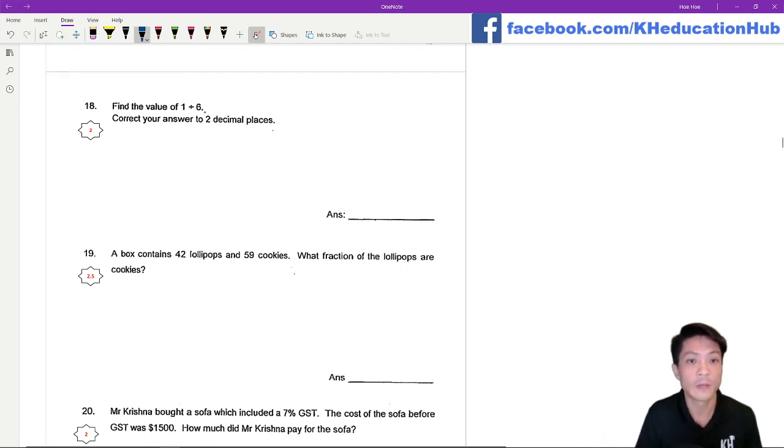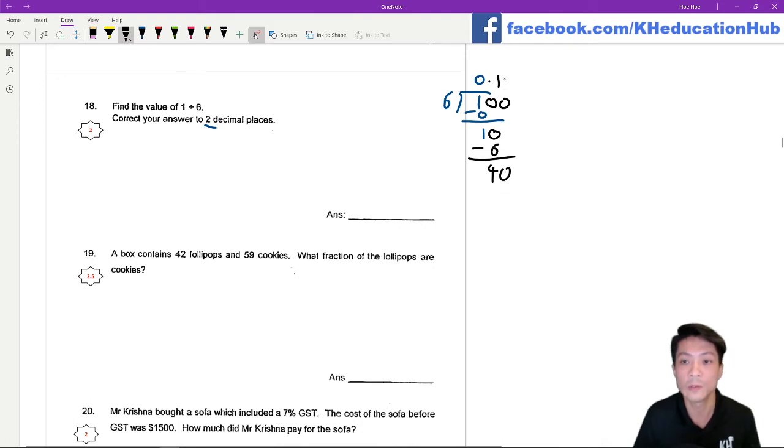Question 18, they want to find the value of 1 divided by 6 corrected to 2 decimal places. So we're gonna do long division over here. 1 divided by 6. So the first thing is 0, minus 0, 1. Okay, we're gonna add 0 behind, so I'm gonna change the color. Bring down the 0, and then it'll be 10. Minus 6, 4.